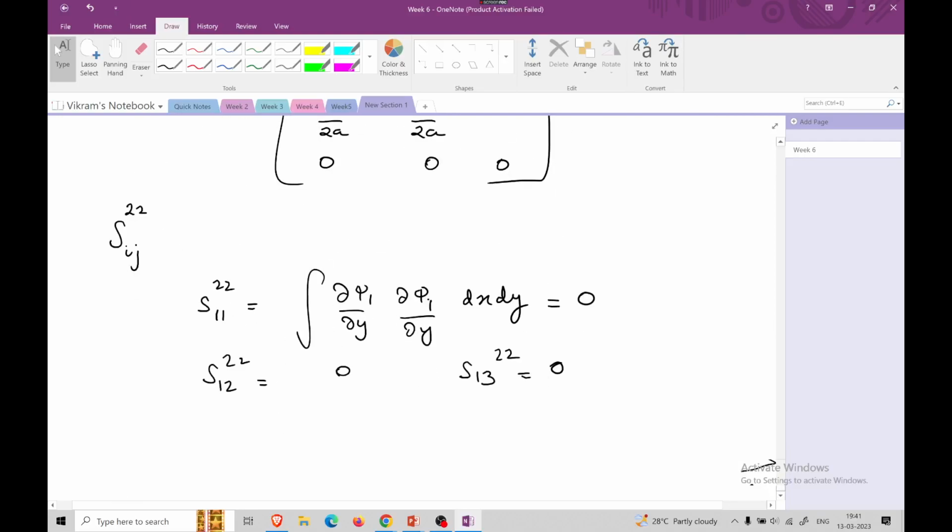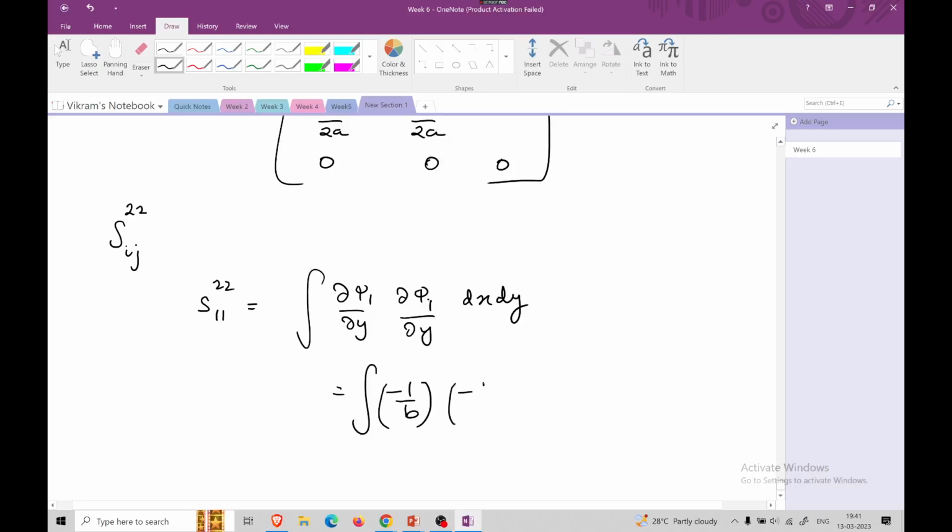So this will not be 0. This will be minus 1 by b into minus 1 by b into dx dy. So this will be 1 by b square into integral of dx dy. So this will be 1 by b square into ab by 2. So this is nothing but a by 2b.